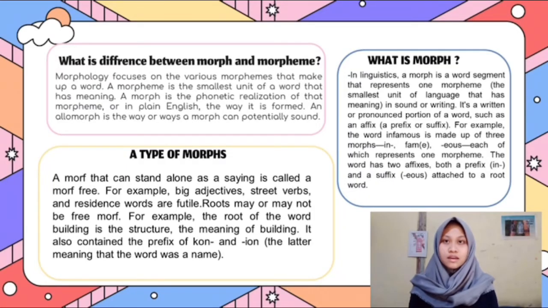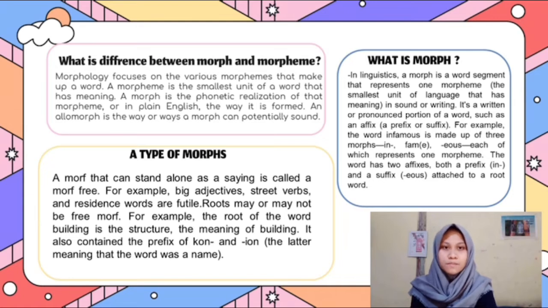On this slide, I'm going to present about morph: the definition of morph, its types, and the difference between morph and morpheme. What is morph? In linguistics, a morph is a word segment that represents one morpheme, or the smallest unit of language that has meaning in sound or writing.